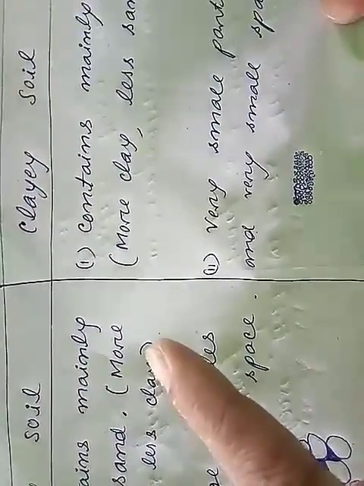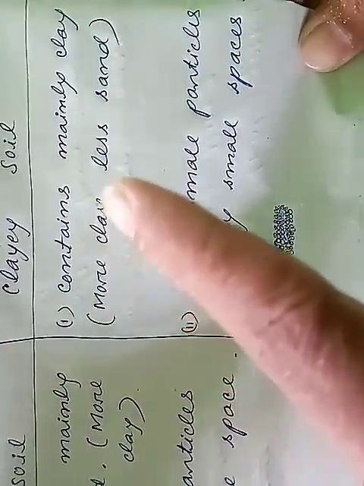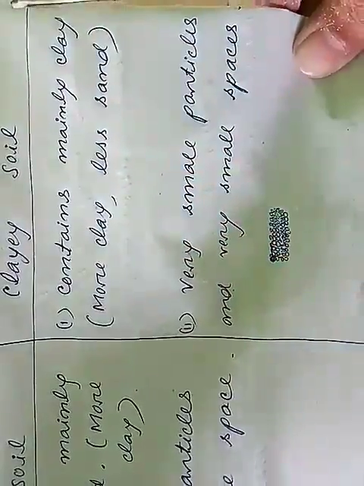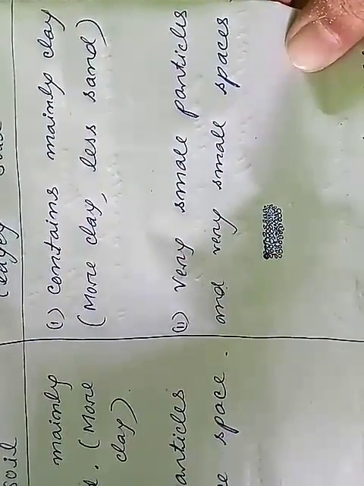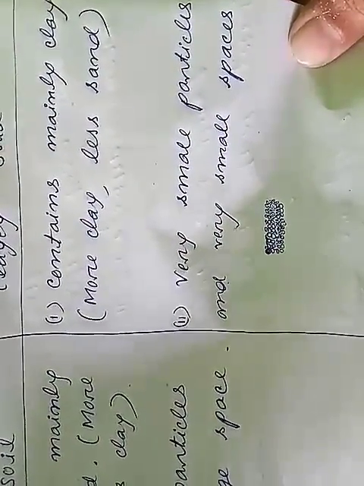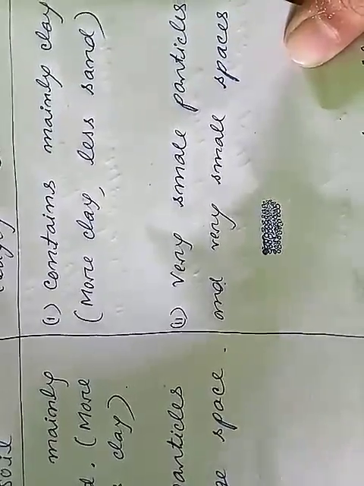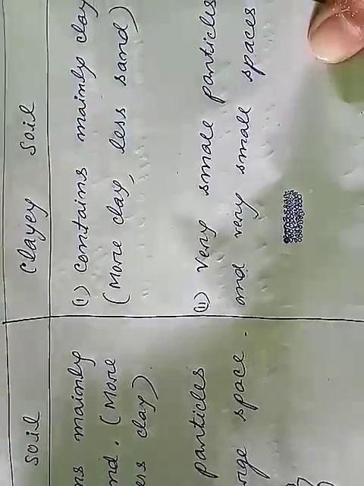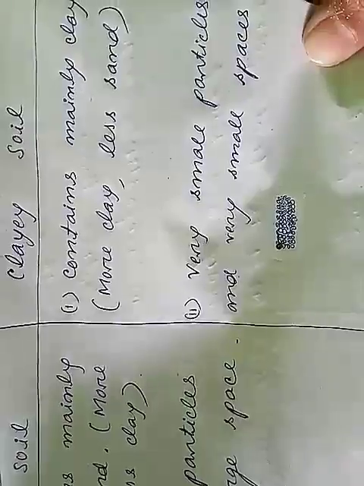But in case of clay soil, it contains mainly clay particles, and a very small amount of sand is present. In sandy soil, more sand, less clay, but in clay soil, more clay and less sand.